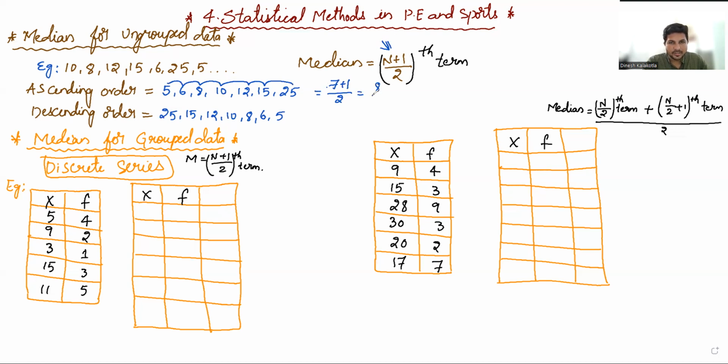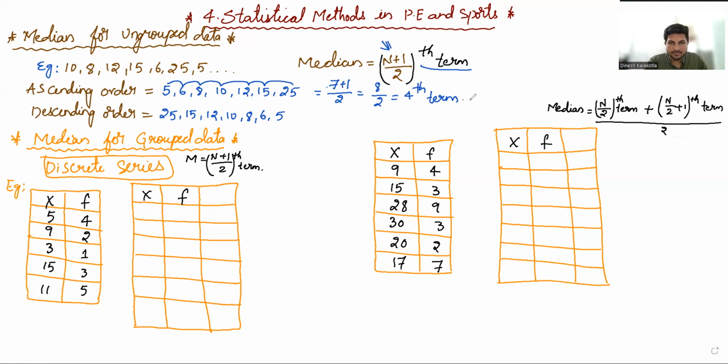That gives 8 by 2, which is 4. So 4 is not the actual median, but the fourth term. As you can see here, the fourth term is the median of the given data.